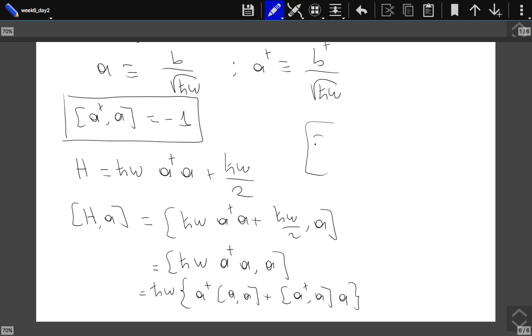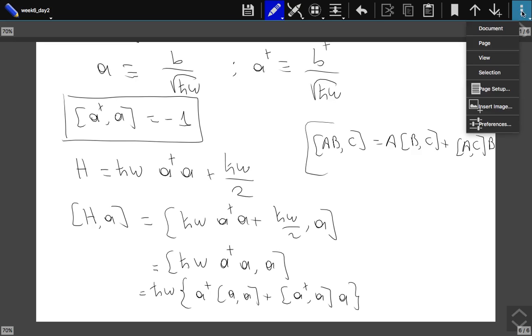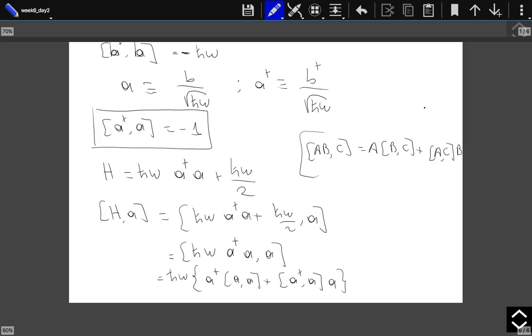I'm just using the property of the commutators, that the commutator of AB with C is A, commutator of B and C, plus commutator of A and C, B. Just keep in mind that A, B, C, their order should stay the same. So that's why in the second term, the B is on the right of the commutator.